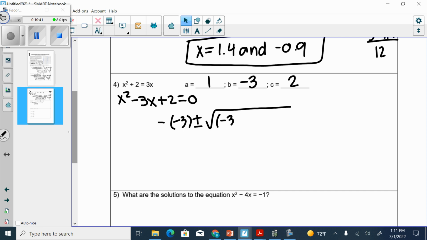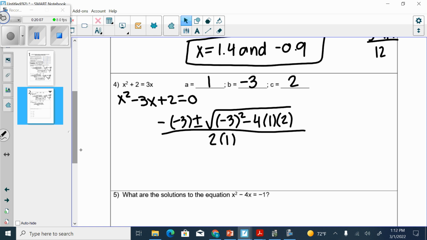Okay, make sure that you put -3 in parentheses with a square on the outside. If you don't do that when you type it in your calculator, it's going to give you the wrong answer, okay? Minus 4 times a, what's a? Times c, all divided by 2 times a.